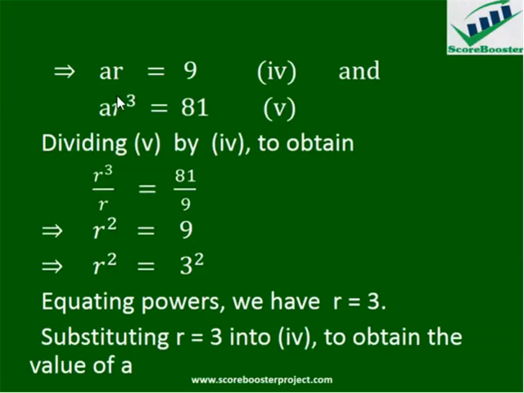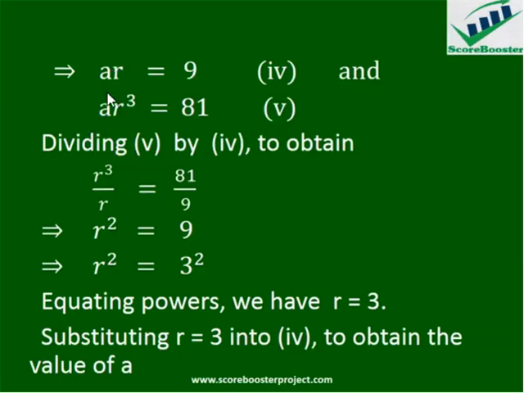Here we can see that if we divide the fifth equation by the fourth, we can obtain the value of the common ratio. So we divide the fifth equation by the fourth. We have ar cubed divided by ar equals 81 divided by 9.